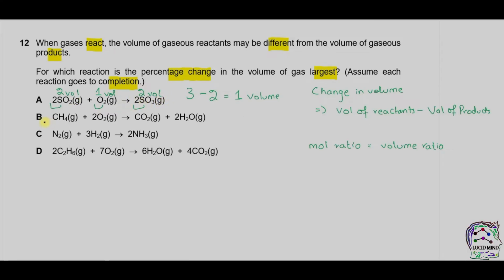In part B, we have 2 plus 1, 3 volumes on the reactant side, and 2 plus 1, 3 volumes on the product side. So there is 0 volume change, which means neither the volume has increased nor decreased. In part C, we have 1 plus 3, 4 volumes on the reactant side and 2 volumes on the product side. So we can see that 2 volumes have decreased.